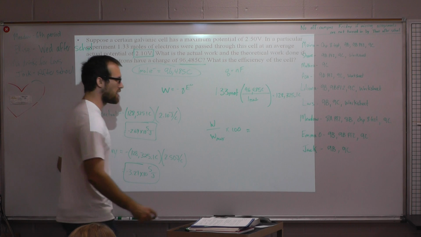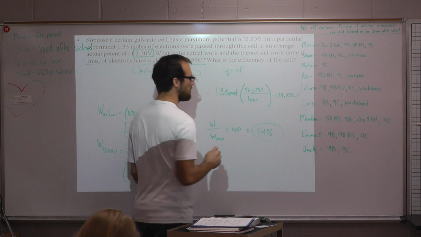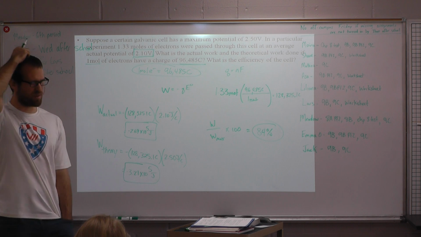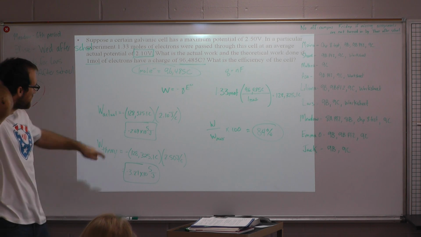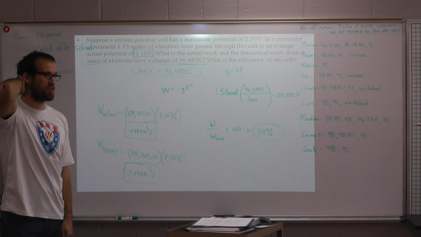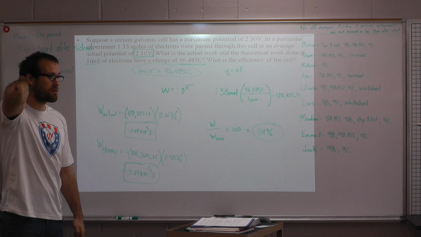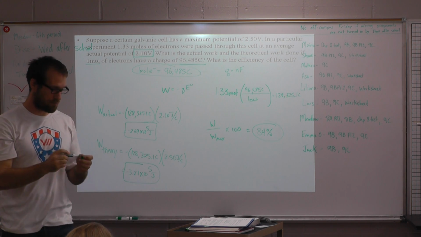When you do that, you will get your 84% efficient. I didn't put in the numbers, but I think you can figure that out, right? The maximum is always going to be in theory, and this is always going to be your actual. Got it?